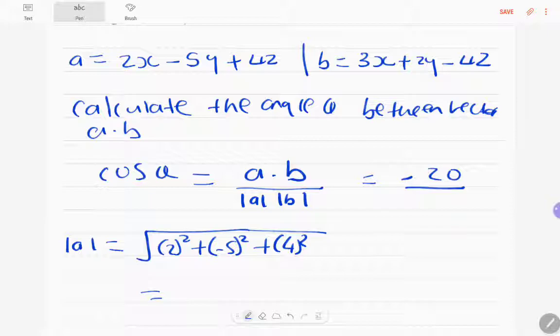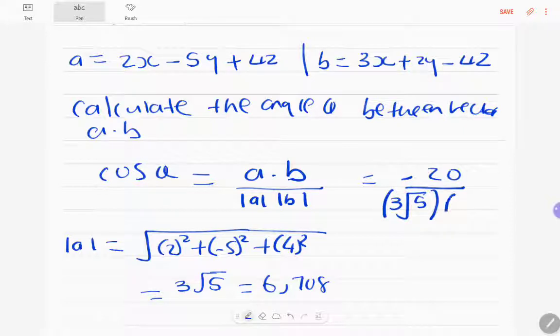Then we punch it on our calculator. We now have 3 root of 5, which is the same as 6.708. I have 3 root of 5.